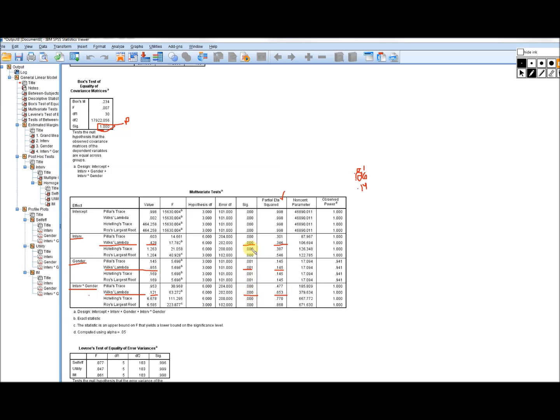So nevertheless, it looks like we have a significant main effect of intervention, a significant main effect of gender, and a significant interaction between intervention and gender on the set of dependent variables. And it looks like the effect sizes for each of those effects were large.